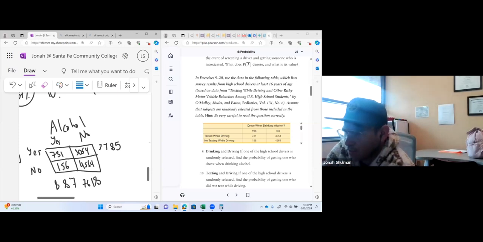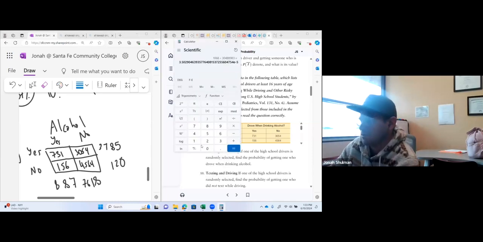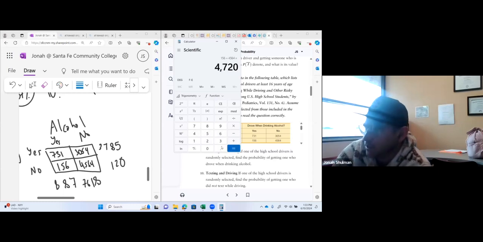Well, we've got 0, carry the 1, 12, carry the 1, 11, carry the 1. Wait, sorry, I messed it up. So 10, carry the 1. I'm just going to add it on the side. I don't want to mess anything up. So 1, 5, 6 plus 4, 5, 6, 4. 4, 7, 20.